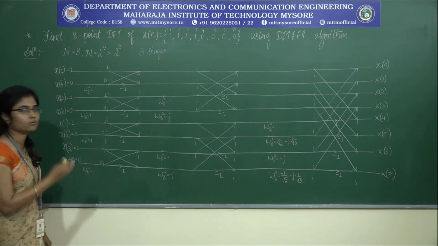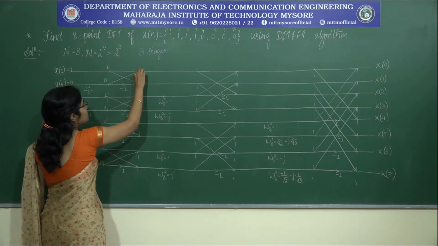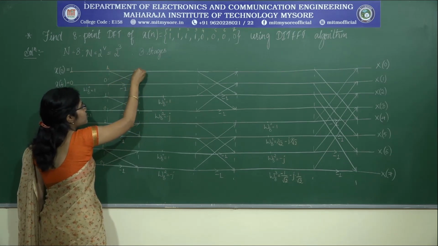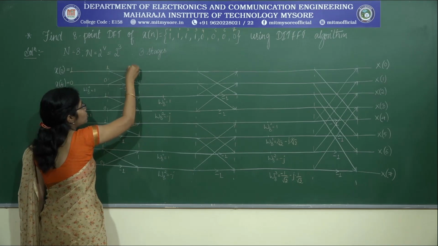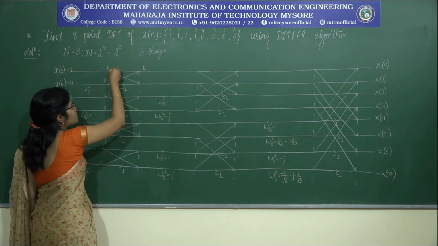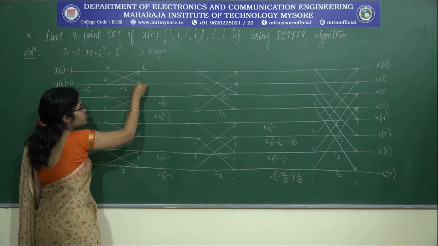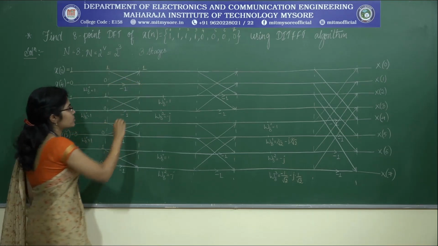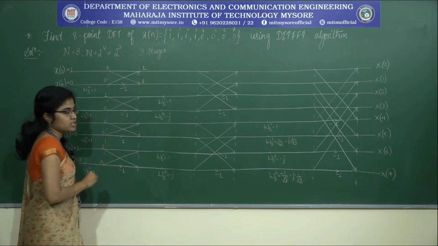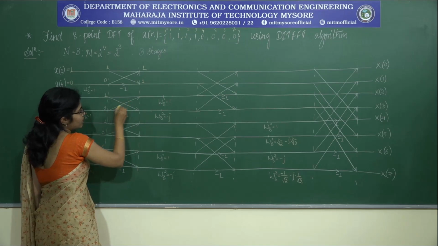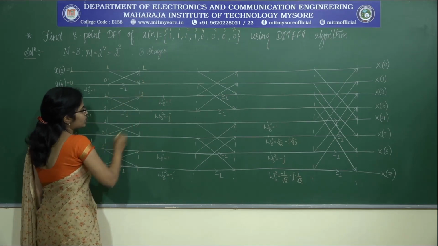Now let us try to find out the output. So at this particular point, we are getting signal from this branch as well as this branch. From this branch we get 1, from this branch we get 0. 1 plus 0 is 1. Similarly, at this particular point, from this branch we get 1, from this branch we get 0. 1 minus 0 is 1. Similarly, coming to this point, here we are getting 1 and from this branch it is 0, gives us 1.